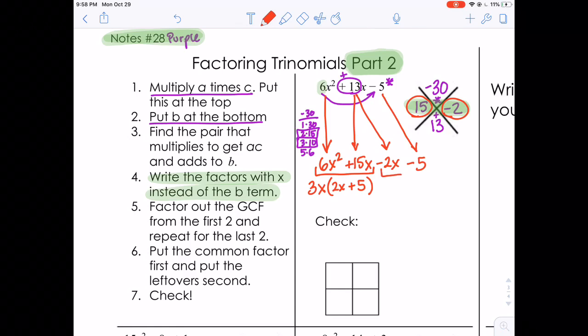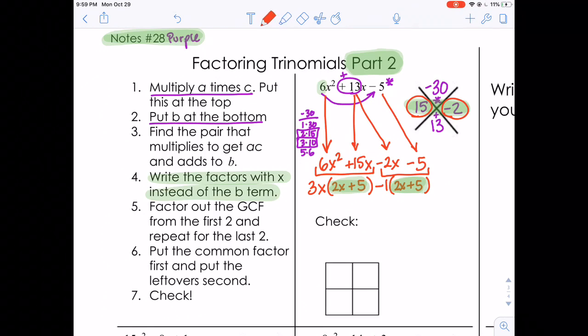And then the second one, 2 and 5 don't have any numbers in common, and there's only an x in one of them. But I see that they both have negatives, so I'm going to go ahead and take out a negative 1 because I can take that out of both of them. And what's left over is a positive 2x and a plus 5. So what I see here is that this one here is the same as this one here.